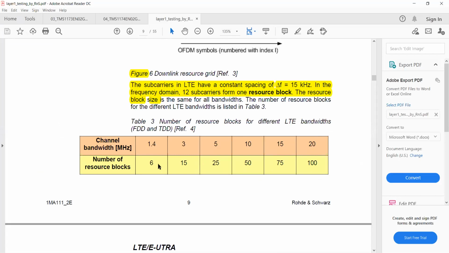But for 20 megahertz we leave 1 megahertz on the left and 1 megahertz on the right as guard band, whereas here we are using only 1.4 megahertz. In the case of 20 megahertz bandwidth, we keep a 1 megahertz guard band on each side.